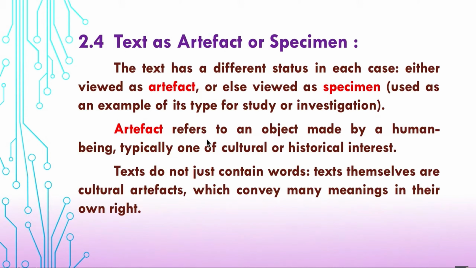First of all, try to understand what is an artifact. Artifact, as it is given here, is an object made by a human being, and it has a very cultural or historical interest. For example, you can say that it is an object keeping your memory alive of the past.